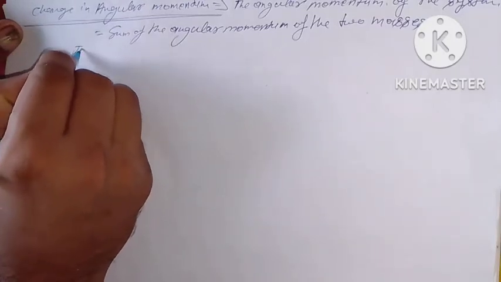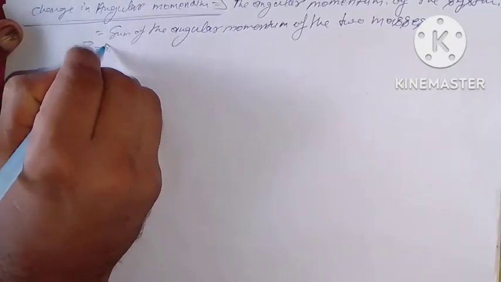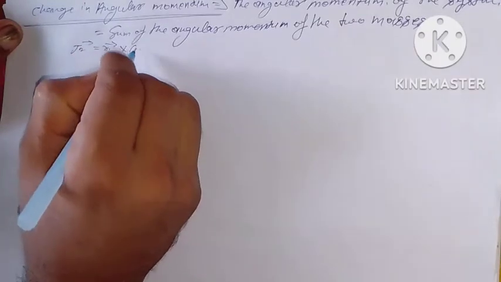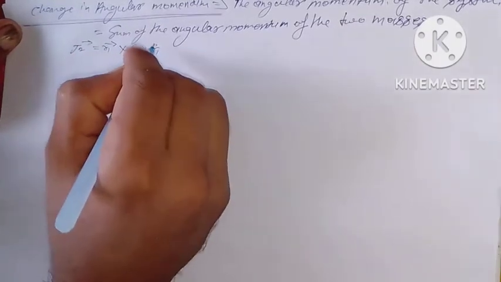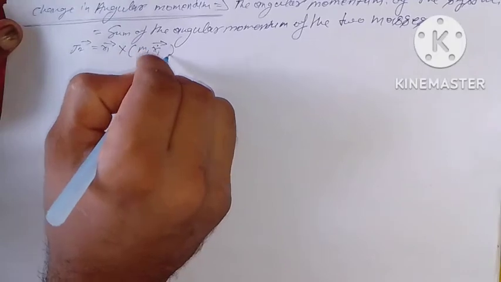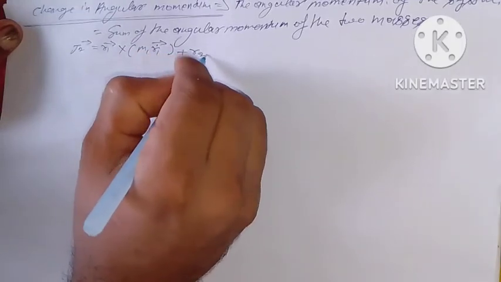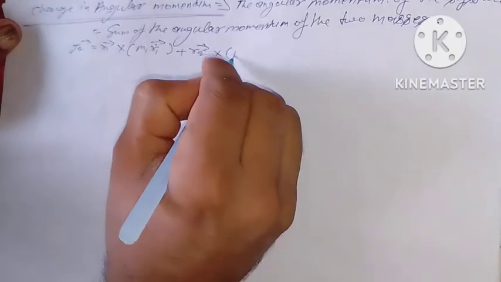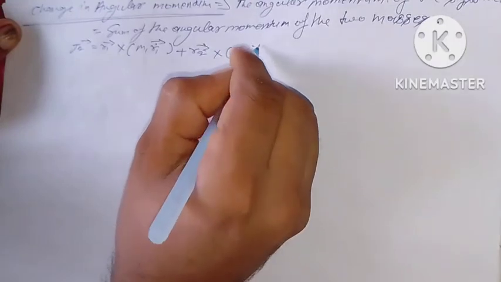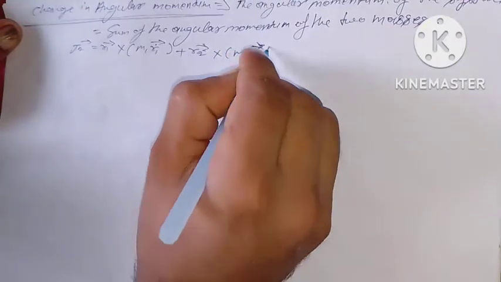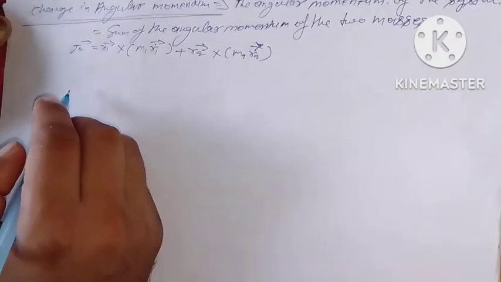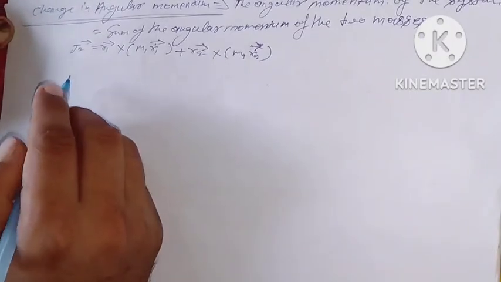So J2 vector equals R1 vector cross M1 derivative of R1 plus R2 vector cross M2 derivative of R2 vector.